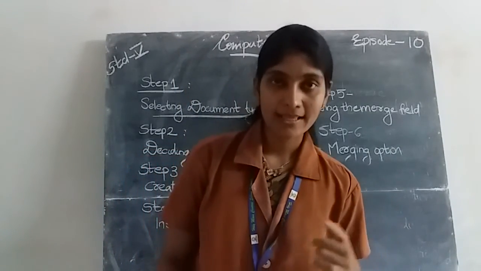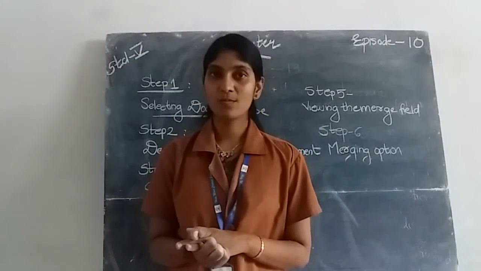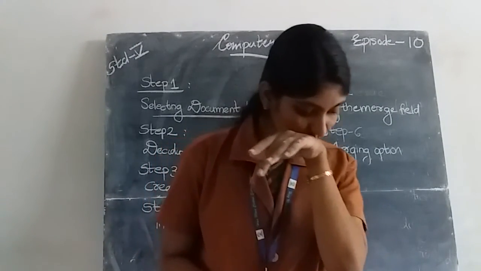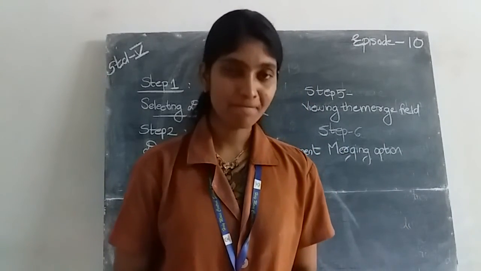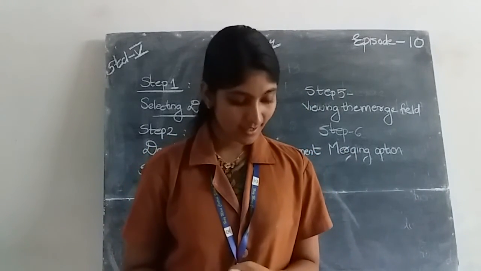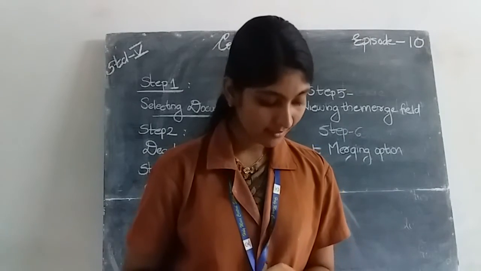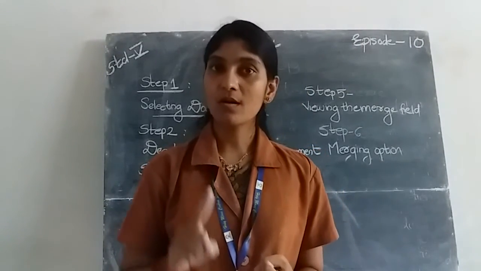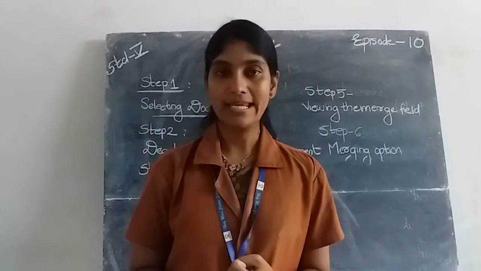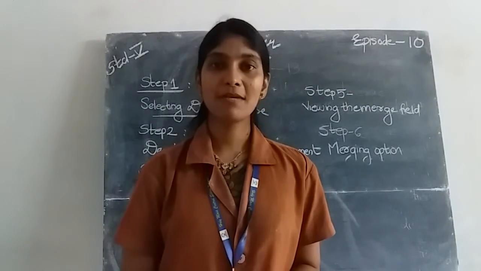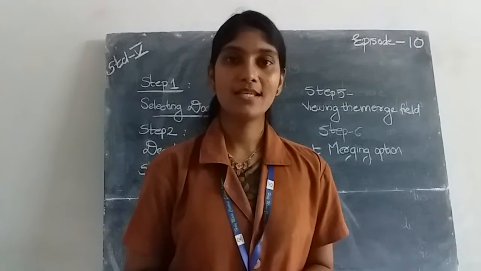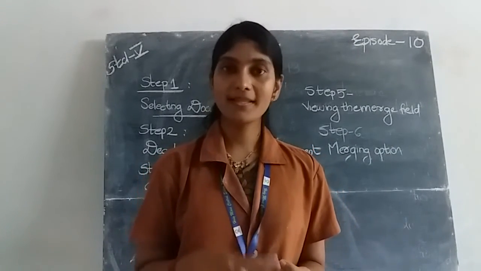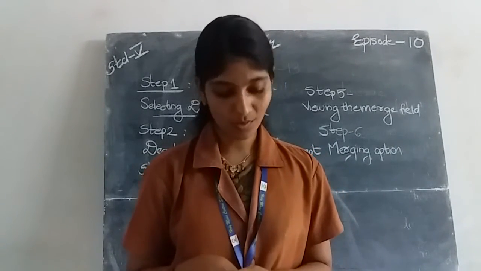Then there are 4 buttons in the dialog box. What are they? Ignore, ignore all, change, change all. Ignore means do not change this word. Ignore all means ignore all the occurrences of the word in the document. Change means change the word with another correct word. And change all means change all the occurrences of the word in the document.